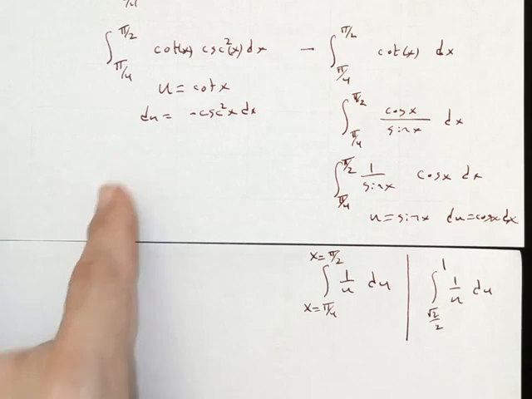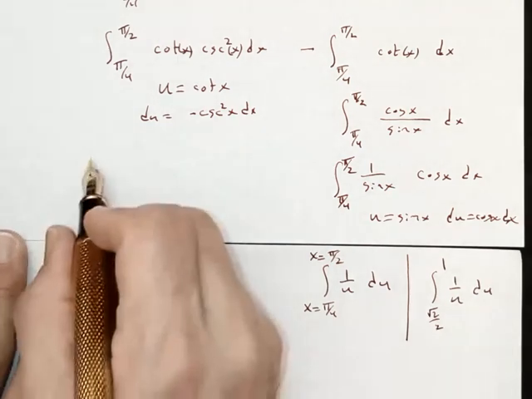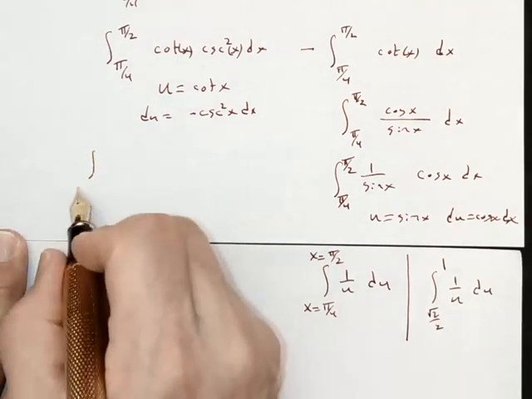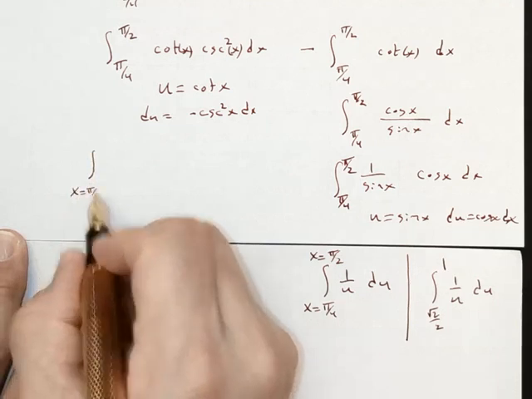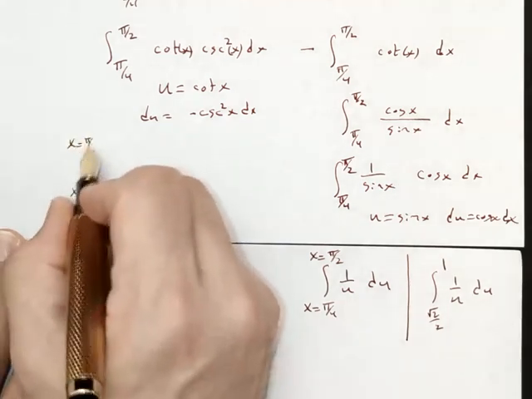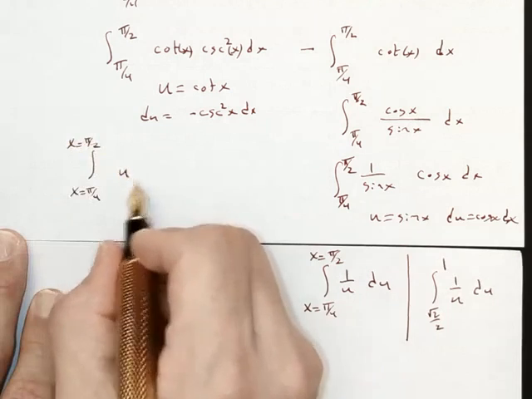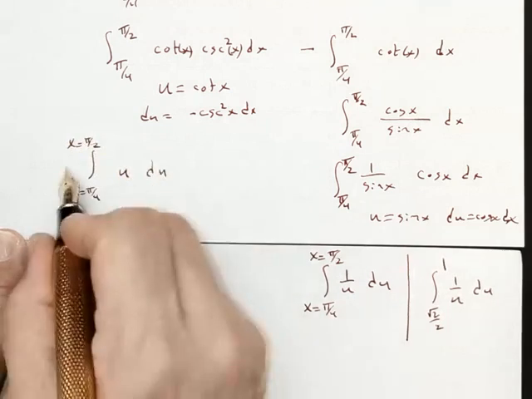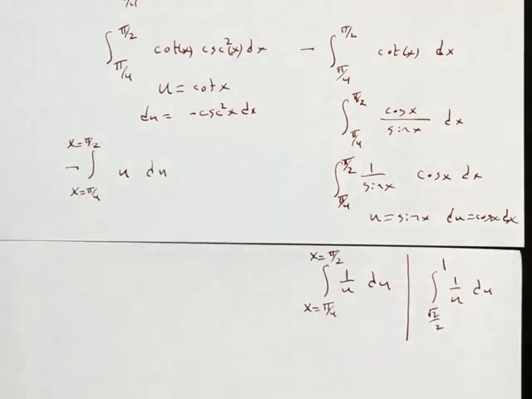But now over here, I can do the same thing. There's my u substitution. Or I need to know the value of cotangent of pi over 4 and cotangent of pi over 2.